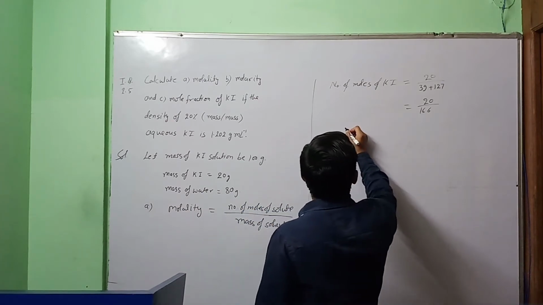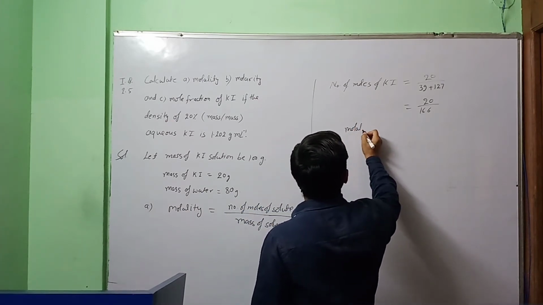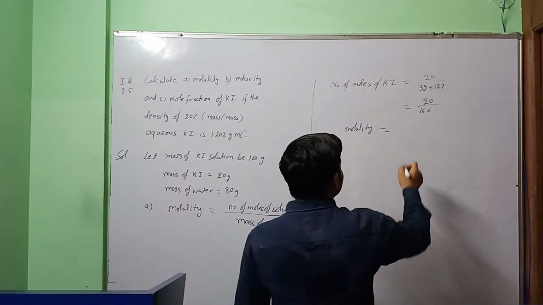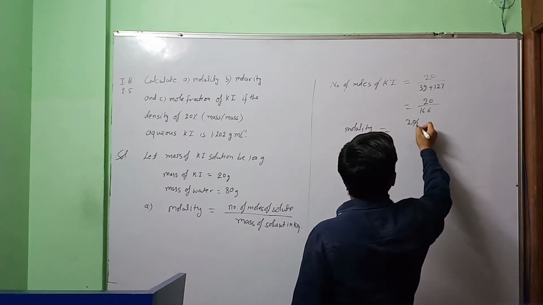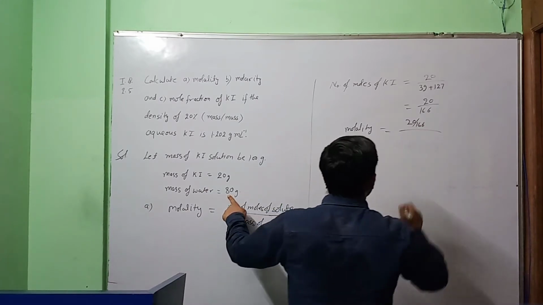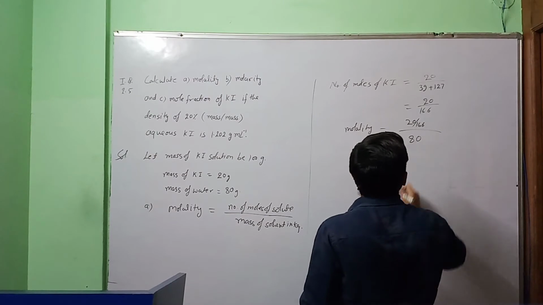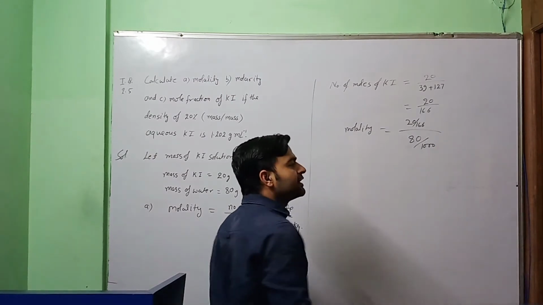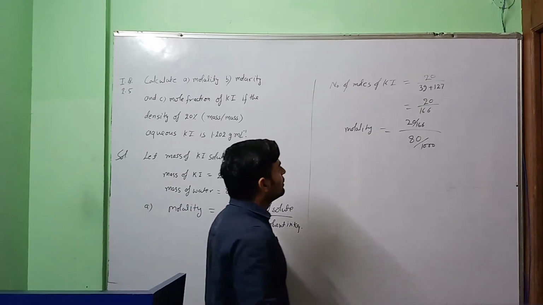Now the molality equals number of moles, which is 20 upon 166, upon mass of solvent, which is 80 gram, and this should be converted into kilograms, so we are dividing it by 1000.